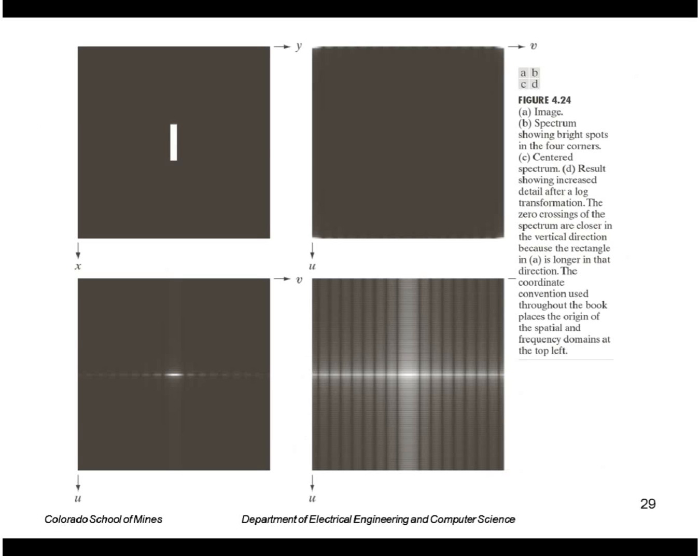Here's an example of an image with a rectangle, and this is its transform. So we have different frequencies of those lobes in horizontal and vertical directions.